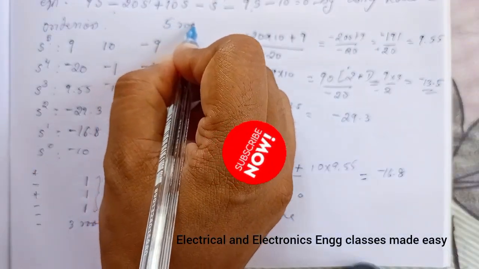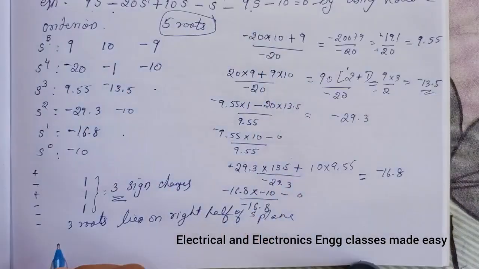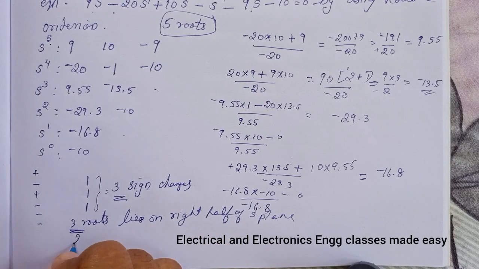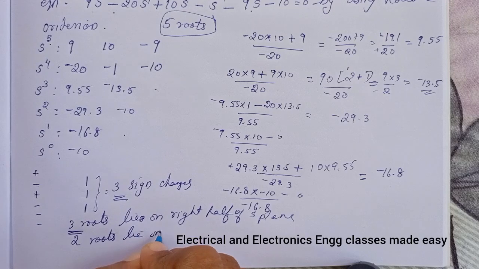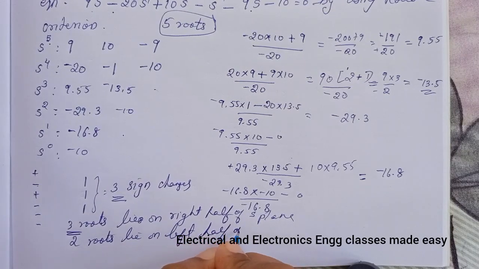Out of these 5 roots, 3 roots lie on the right half of S plane, and the remaining 2 roots lie on the left half of S plane.